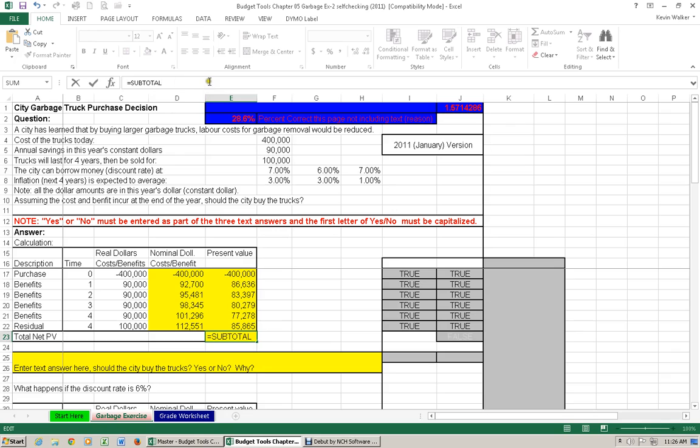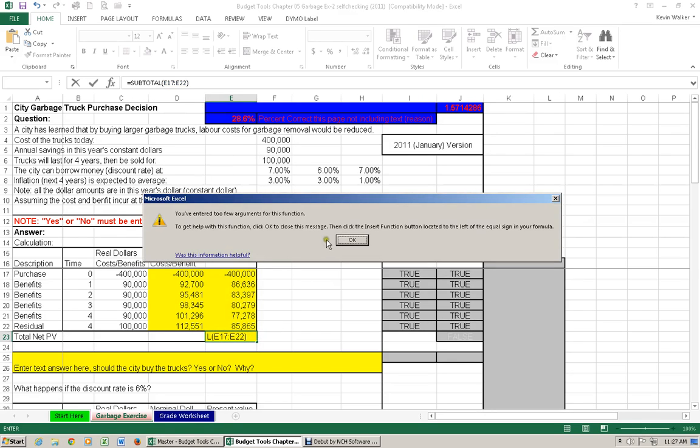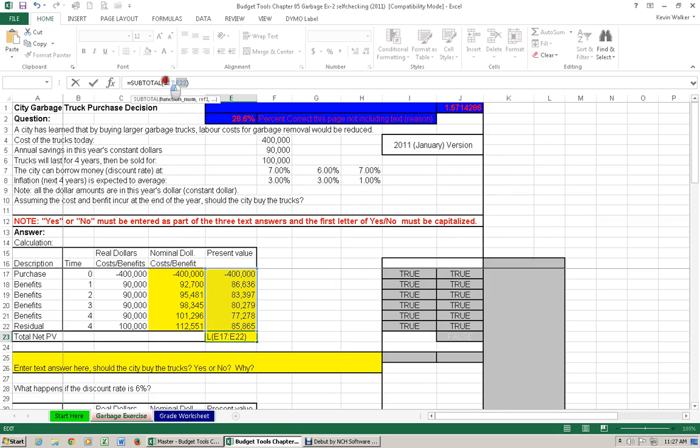It will not know what to do with it. Sometimes people add this up and the number will come up wrong here. Got to remember, you got to account for everything. Oh, whoops, subtotal. Left out the subtotal. I have no idea why I keep doing that.